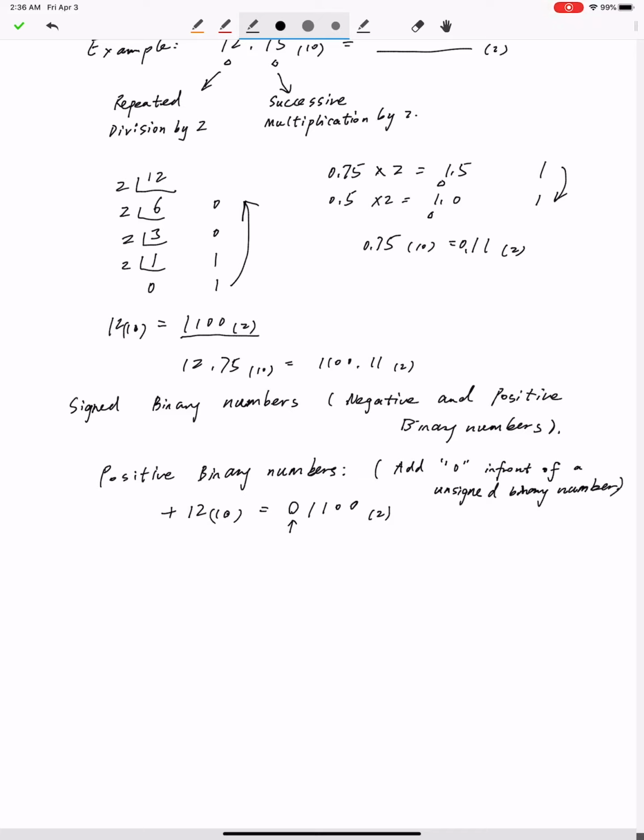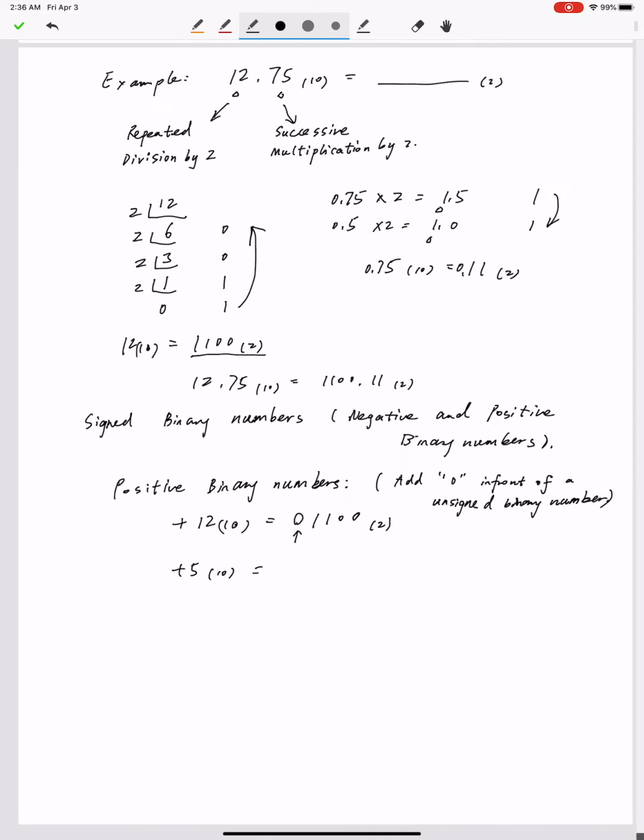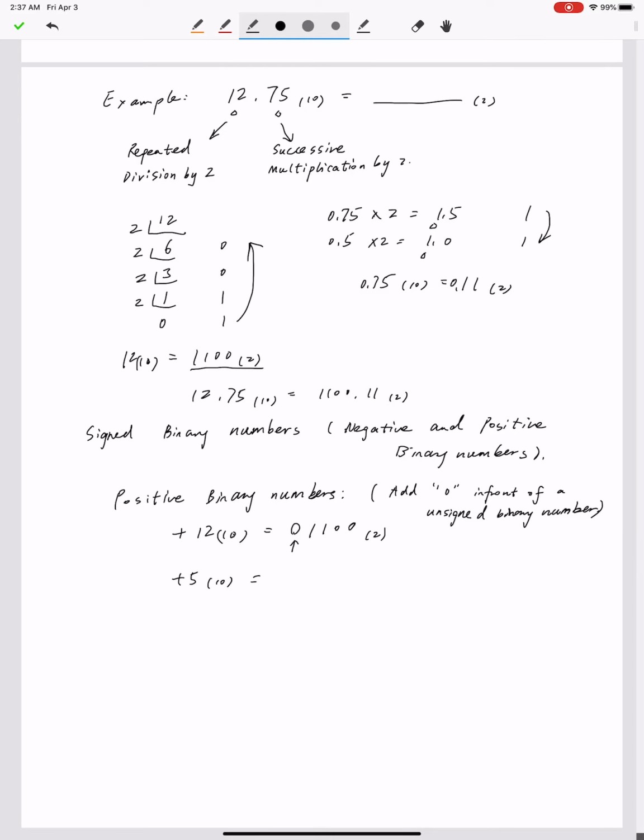Give you another example. How about positive 5? How to represent positive 5 in binary representation. So first, you find what is the unsigned binary number of 5, right? To find the unsigned binary number of 5, you use repeated division by 2, right? 5 divided by 2, result is 2, remainder is 1. 2 divided by 2, result is 1, remainder is 0. 1 divided by 2, result is 0, remainder is 1.